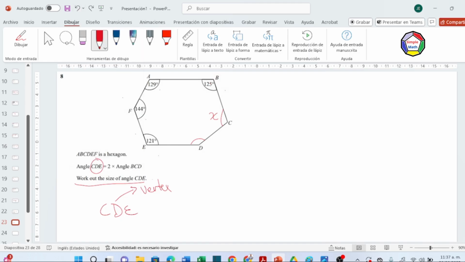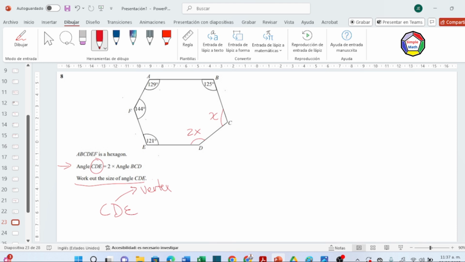And the other one, the angle CDE, I'm going to call with the information that is provided here. It says that the angle CDE is twice the other one, so 2x.